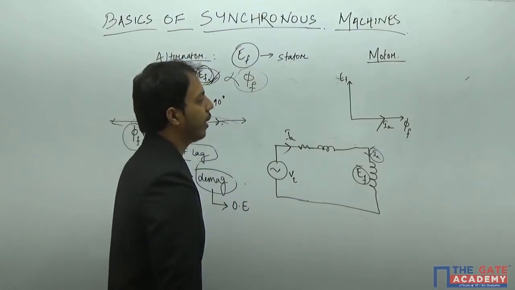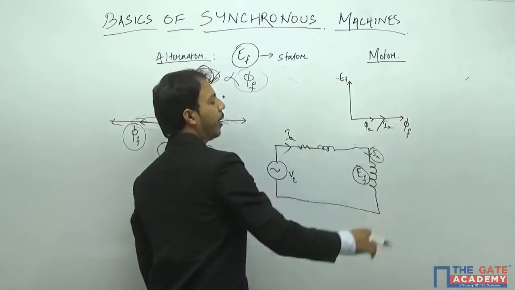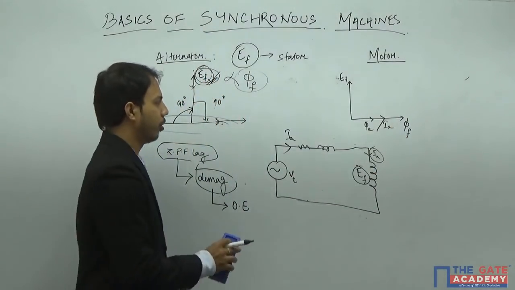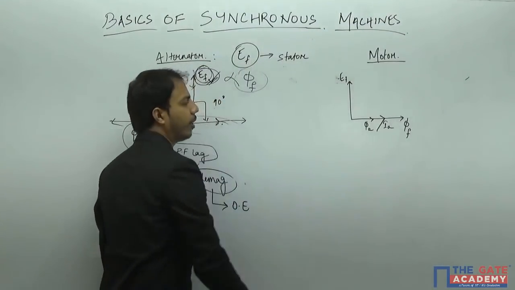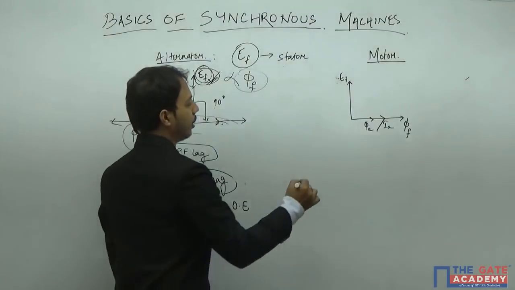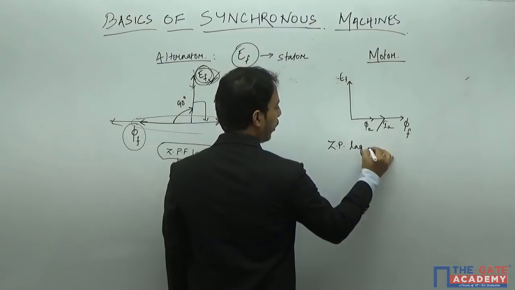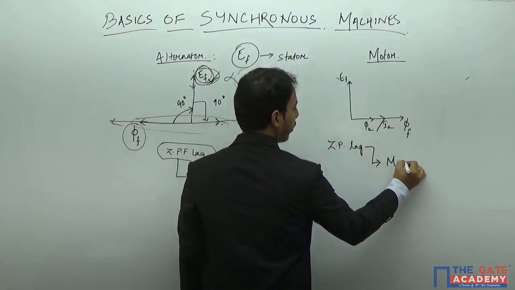So what will happen here is the field phi A produced due to current is in phase with the field phi M. Therefore I can say that lagging zero power factor in a motor has a magnetizing effect.